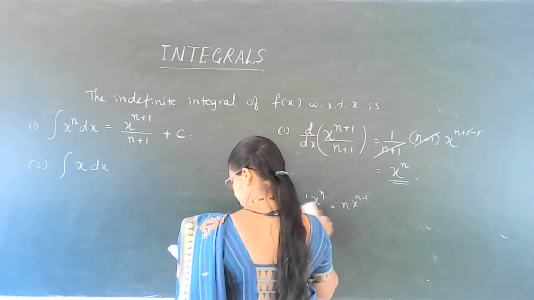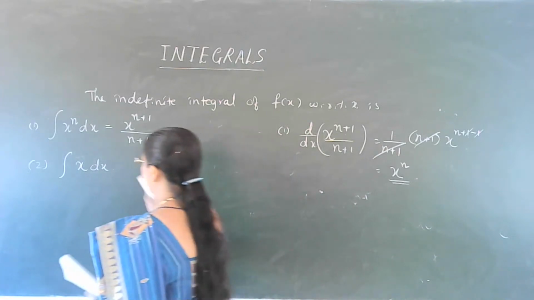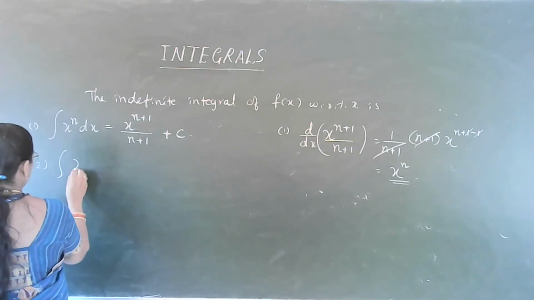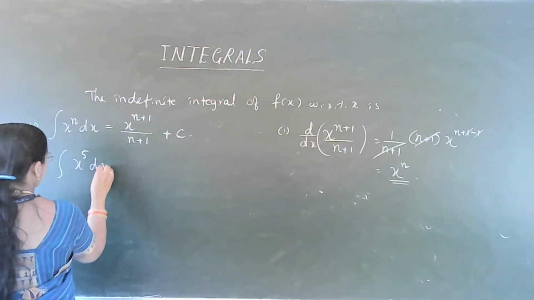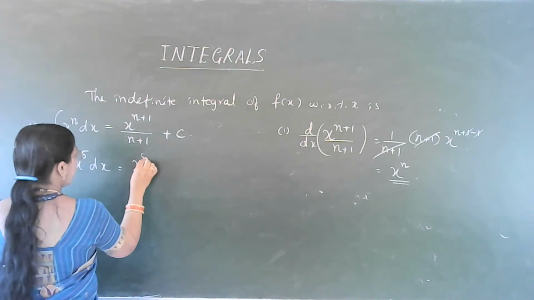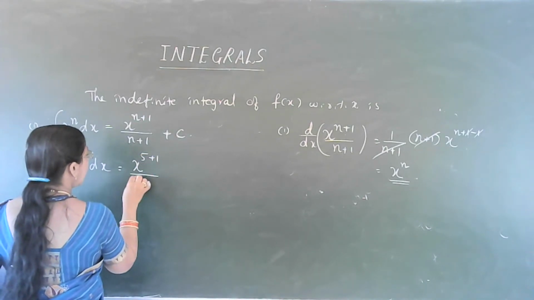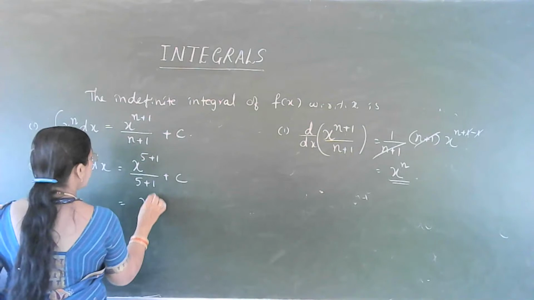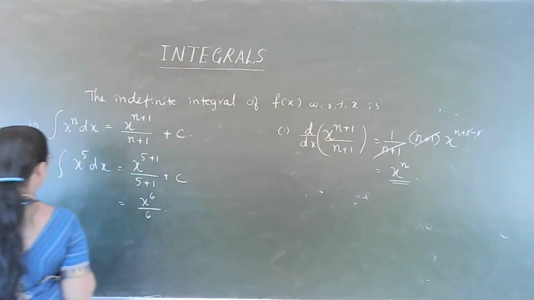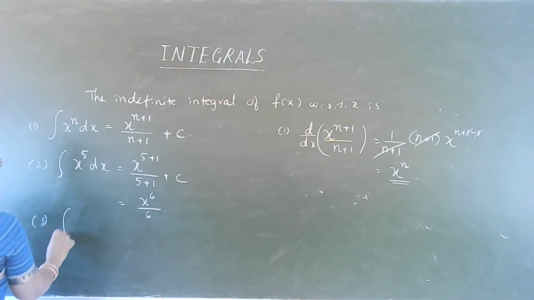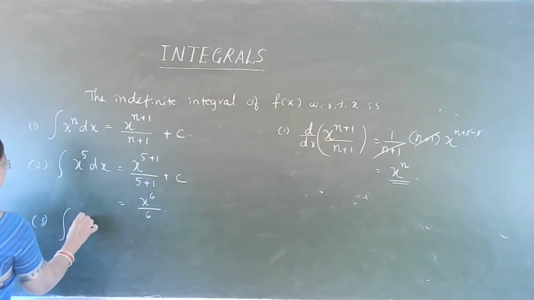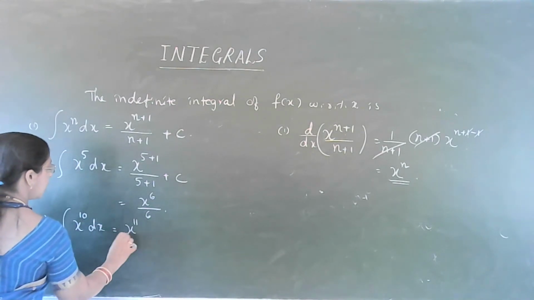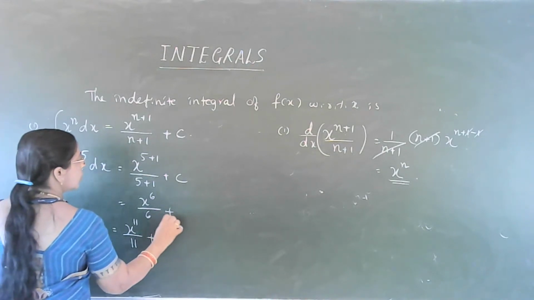Here, we should write x to the power 5 plus 1 divided by 5 plus 1 plus c, which is equal to x to the power 6 by 6. In the same way, we can write integration of x to the power 10 dx. We can write x to the power 10 plus 1, which is 11, divided by 11, plus c.